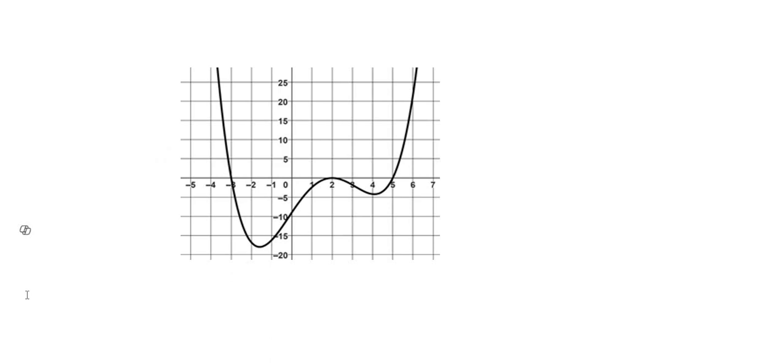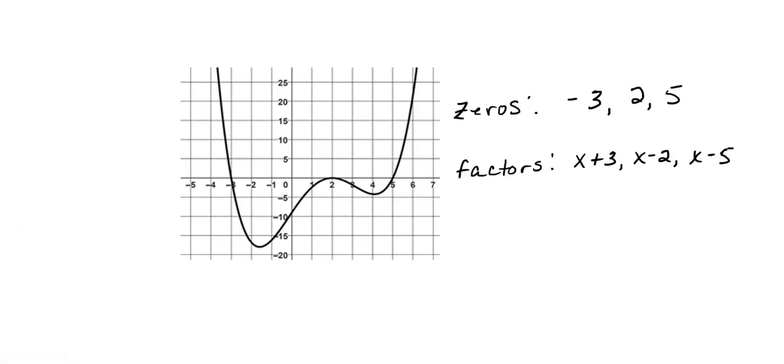The directions for this problem are the same, to find the real zeros and factors. So pause the video and see if you can do this one on your own. So my zeros are my x-intercepts of -3, 2, and 5, and there are my factors.